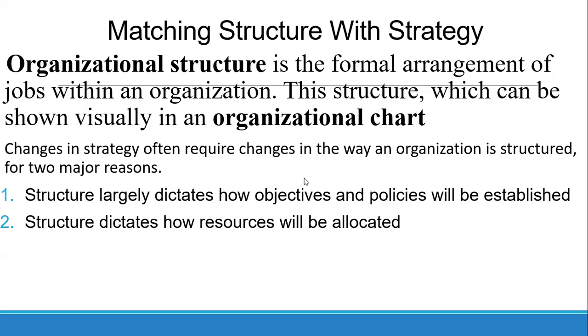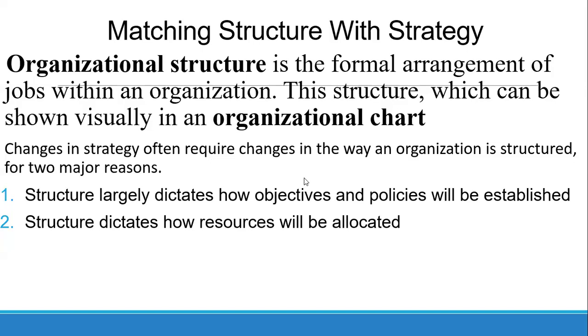How do you marry the two? The strategy will inform the structure because the strategy will inform you the way to go, and that will also inform how you put your structure in place to achieve your goals. All right, thank you very much.